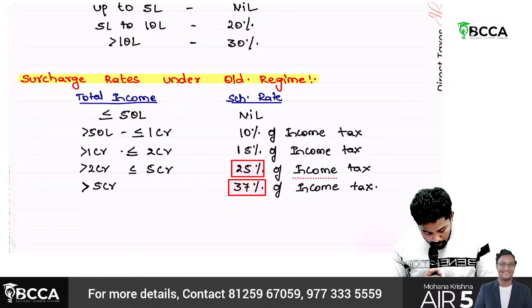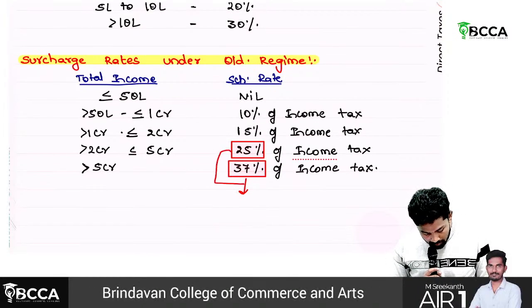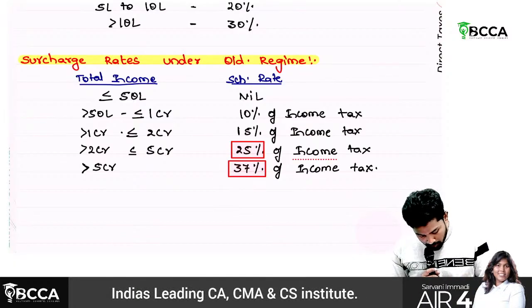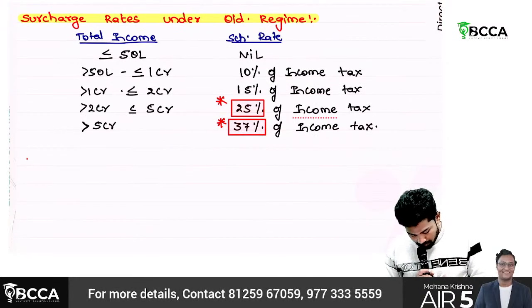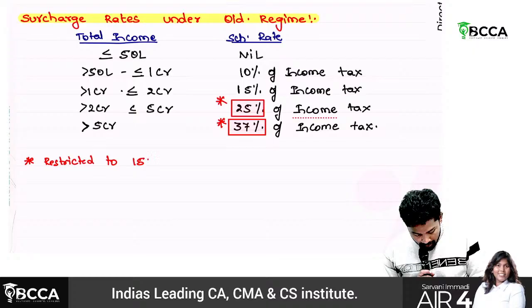Sir, again, under 25% and under 37%, with respect to special rate incomes, so let me put stars here. Restricted to 15% in certain cases.